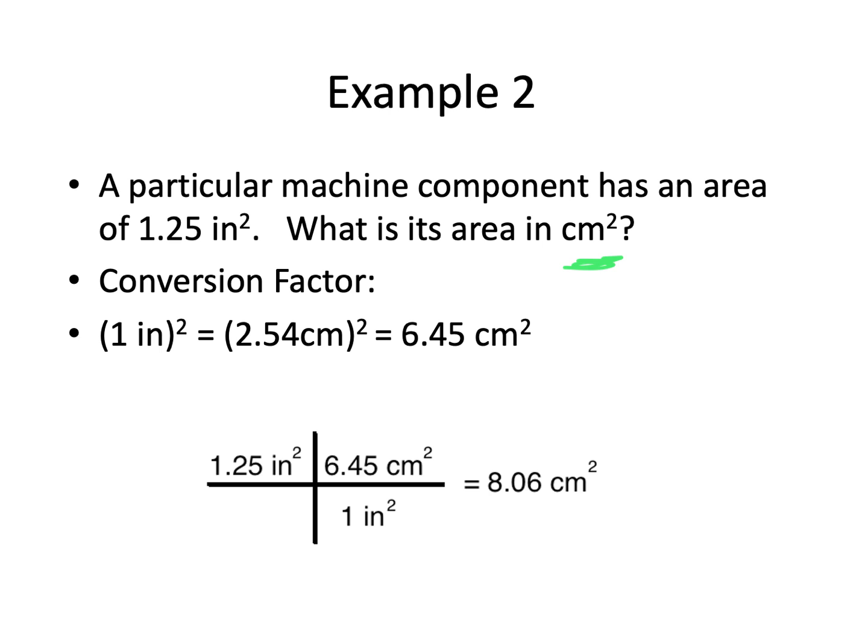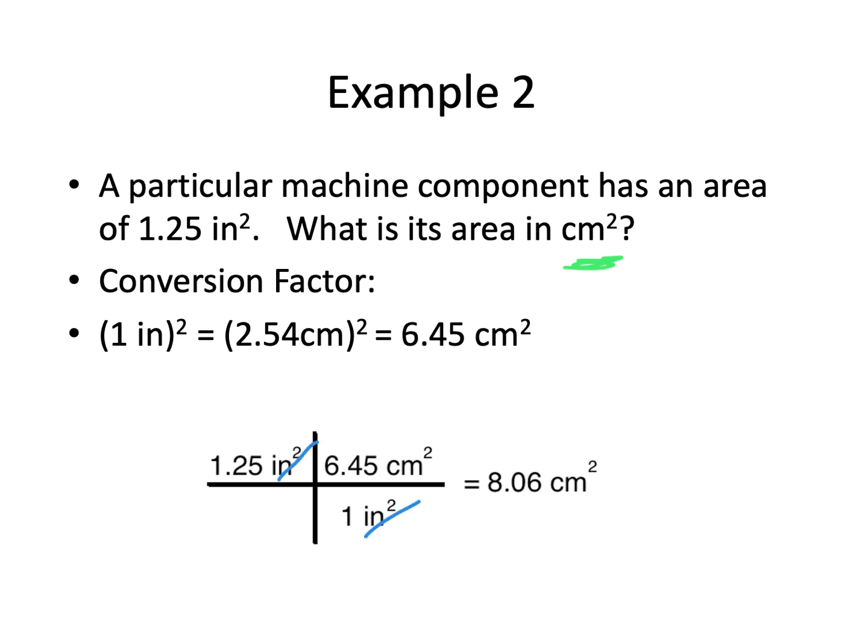Now, we started out with 1.25 inches squared. We want to know what that is in centimeters squared, so again, we're going to multiply by 1. And we know that this is equal to that, so 6.45 centimeters squared over 1 inch squared is the equivalency. This whole thing together is just multiplying this number by 1, but doing it in such a way that the units cancel.